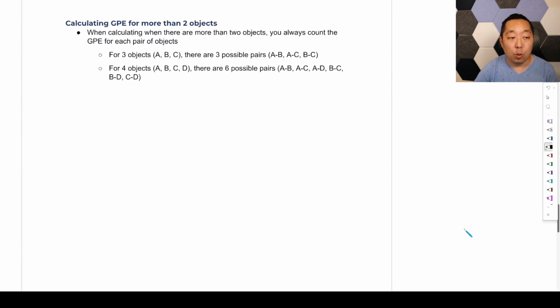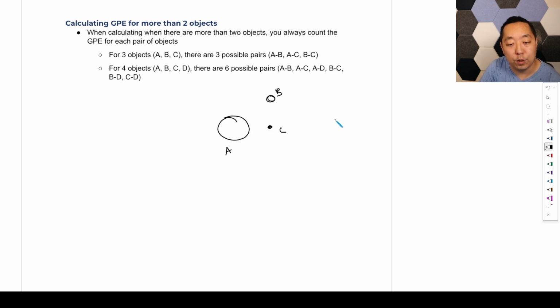All right. Now, what about when there's more than two objects and we want the gravitational potential energy for multiple pairs of objects? So let's say I have a planet, a star. What if there are multiple objects? How does it work for objects A, B, and C? The way it works, and this is something you'll have to do, is every pair of objects creates a gravitational potential energy calculation.